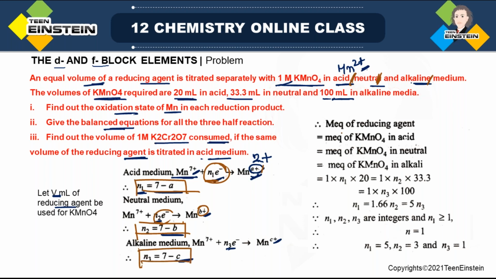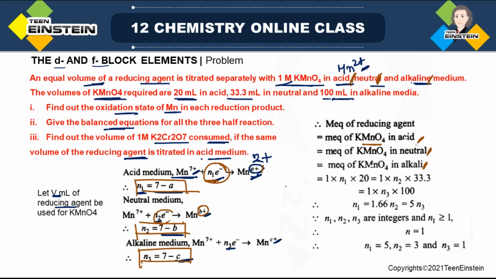Now here we will do the calculation in terms of milli equivalent. Milli equivalent of the reducing agent will also be equal to milli equivalent of MnO4, whether it is acidic, neutral or alkaline. Now how can we get milli equivalent?